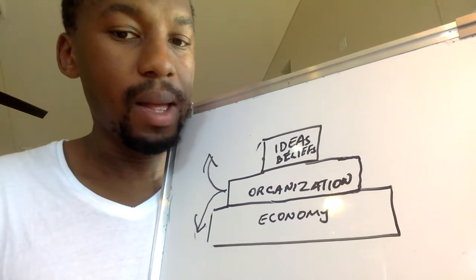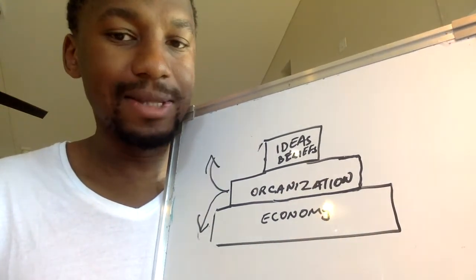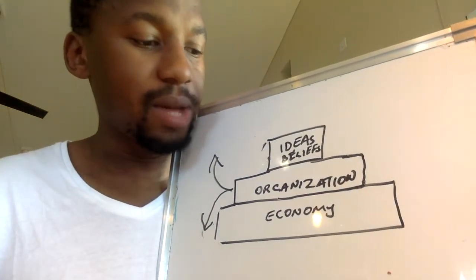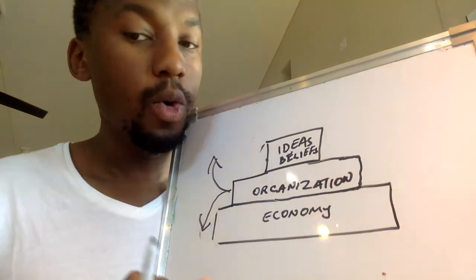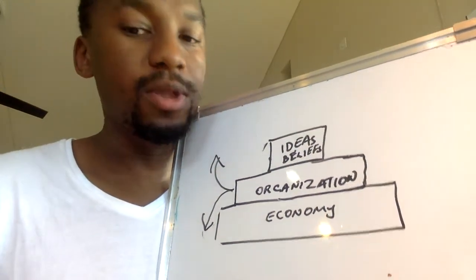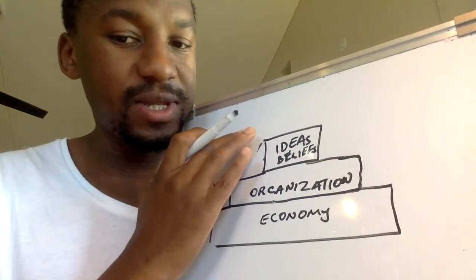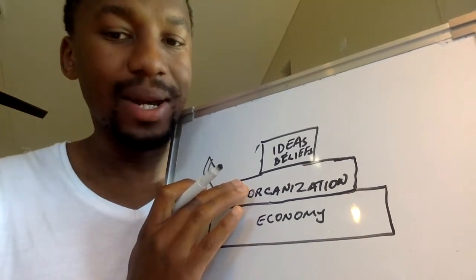So, for example, assume that in your society you have multiple clans. I come from a clan-based society, and this determines a lot of the way that people live in the environment, who they are allowed to marry, and how the political system is structured in that society. Our beliefs, as well as our economy, reflect the organization.